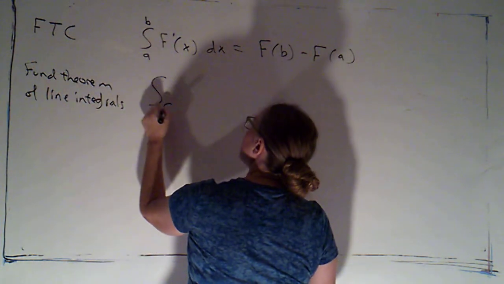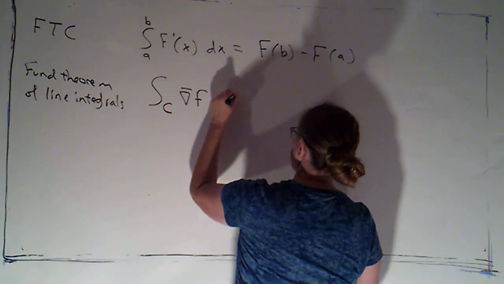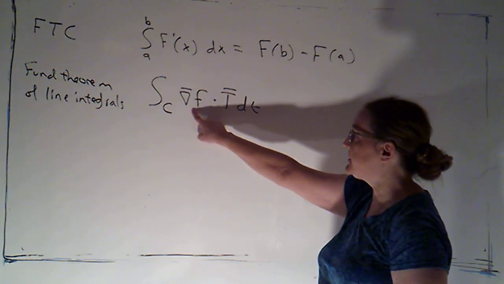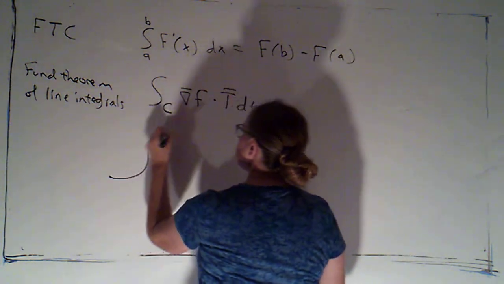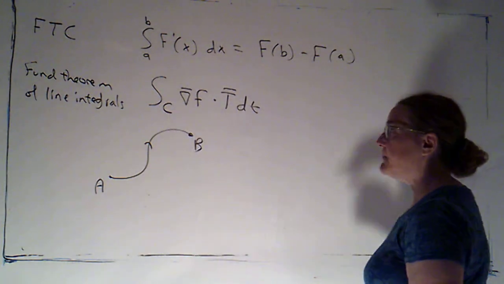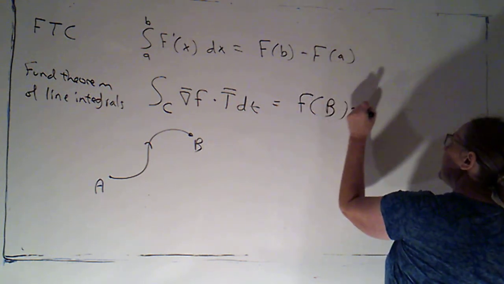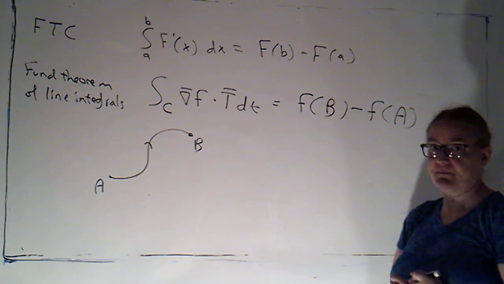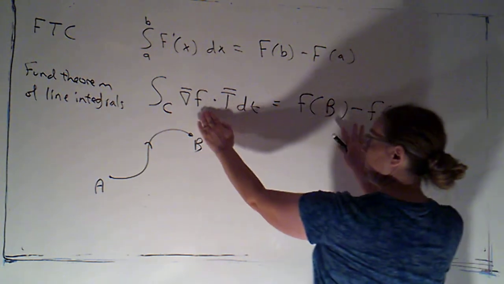That said, if we were doing a line integral along C of a conservative vector field, so we had the gradient of some potential function f, and we were doing the work integral for that, and let's say that C was a curve that took us from point a to point b, what we would get is simply that potential function f evaluated at b minus the potential function f evaluated at a.